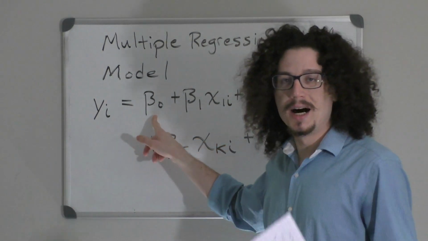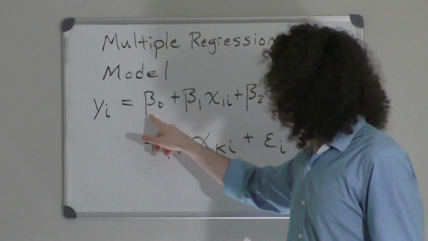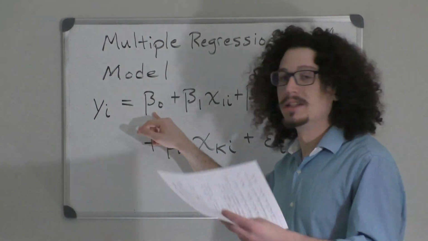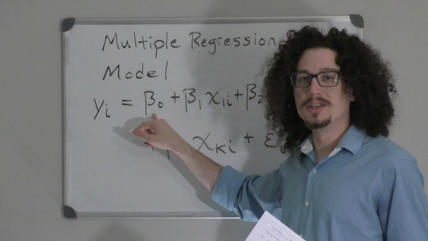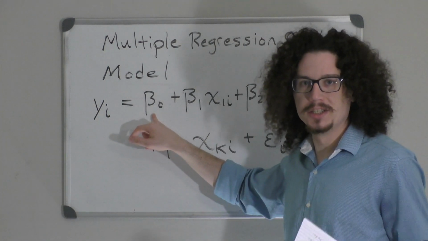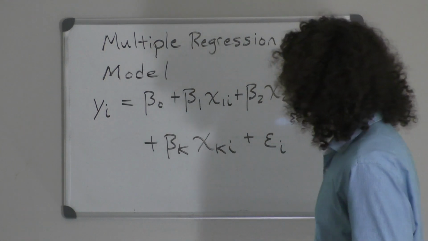This is a constant. It is the y-intercept. And since we're looking at the model, this is for the population data, right? So these are the population parameters.